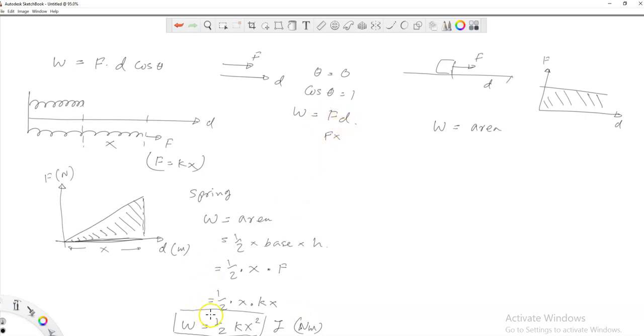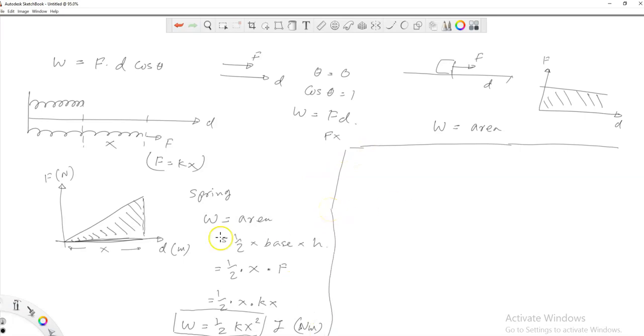When it comes to springs, it is half kx squared. Okay, so we're going to take another step here for university physics. If you are in college physics, you don't have to worry about this.